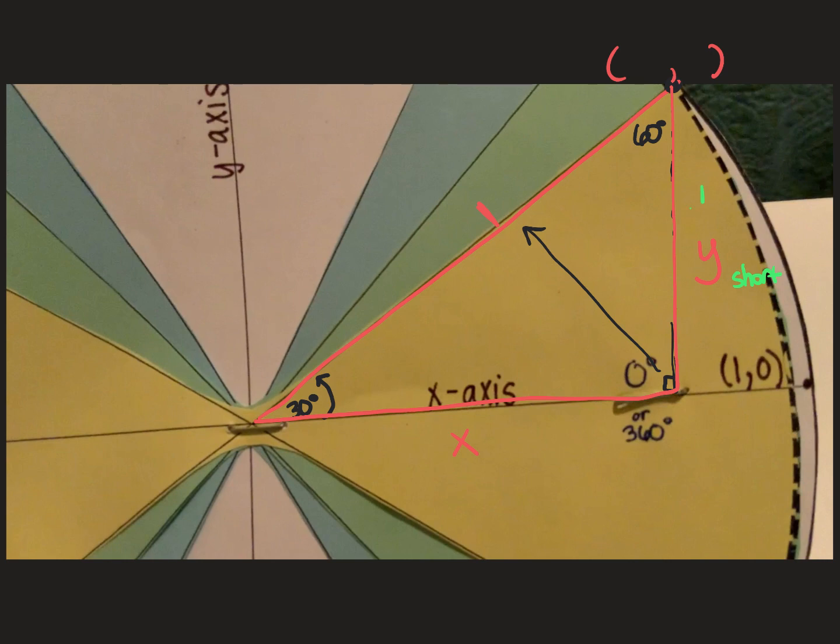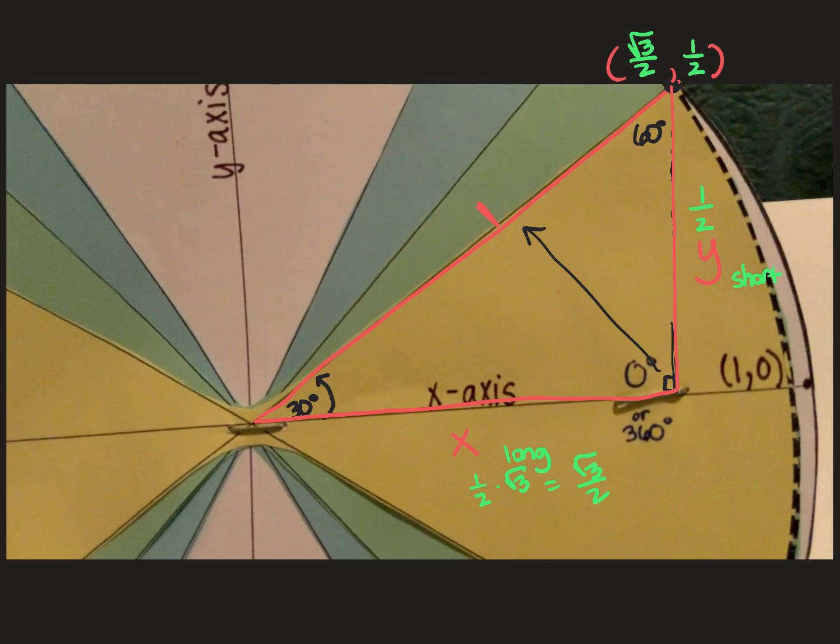So my y value here would be 1/2. Okay, and then to go from short to long leg, we multiply by radical 3. Well, 1/2 times radical 3 is simply radical 3 over 2. So the x comma y would be radical 3 over 2 comma 1/2.